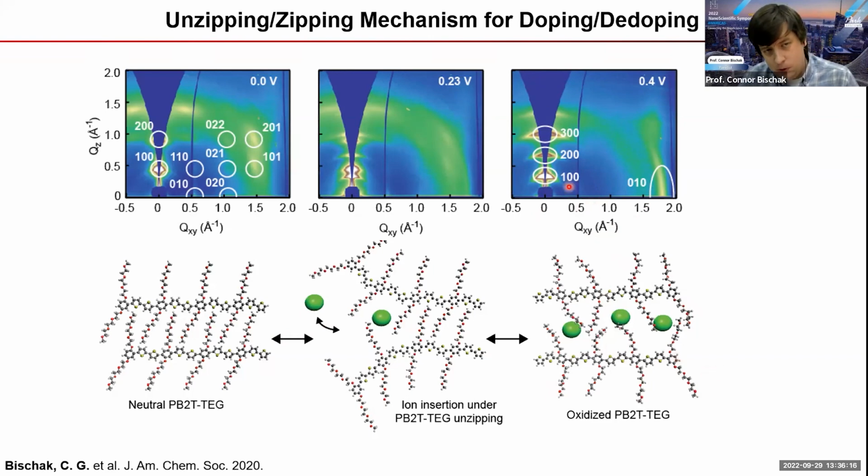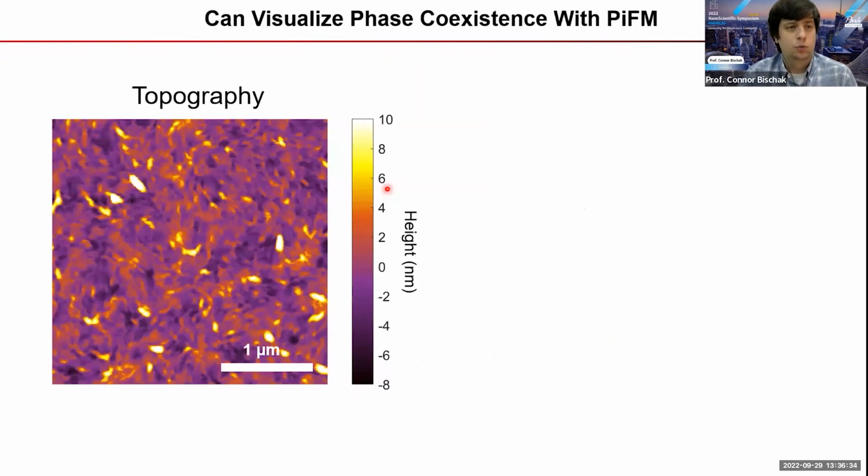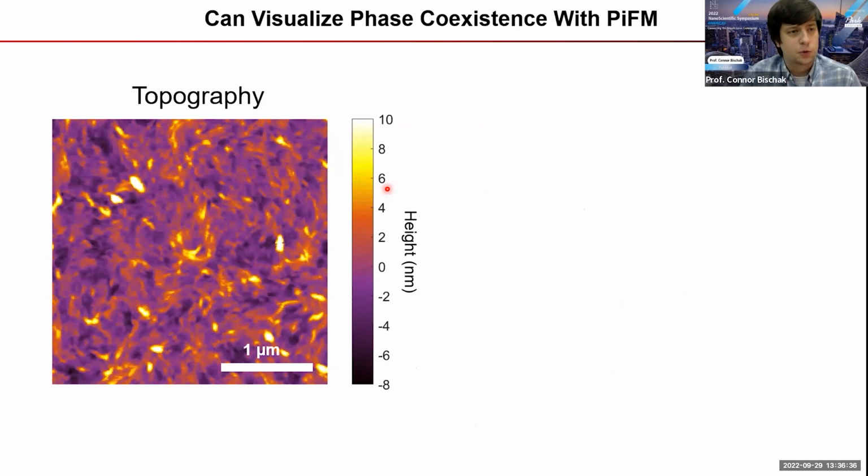So we've been able to observe this phase separation in bulk, but now we want to understand, what does this actually look like at the nanoscale? And so again, we can turn to our photo-induced force microscope and actually image the polymer as a function of voltage. When we do that, this is what we get for the topography.